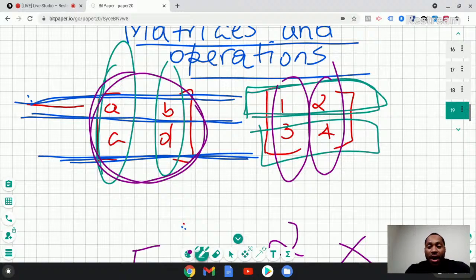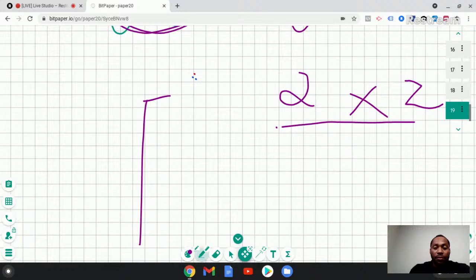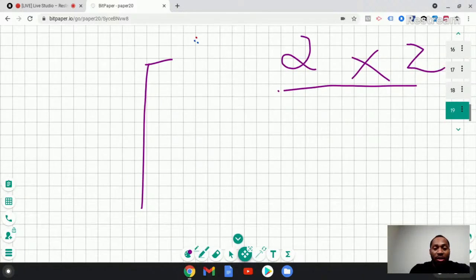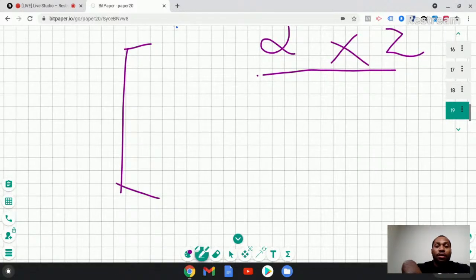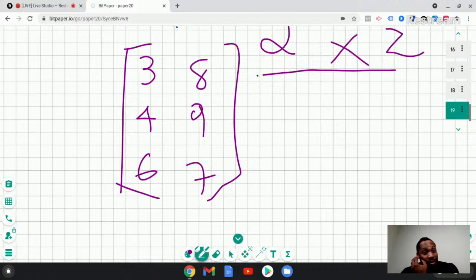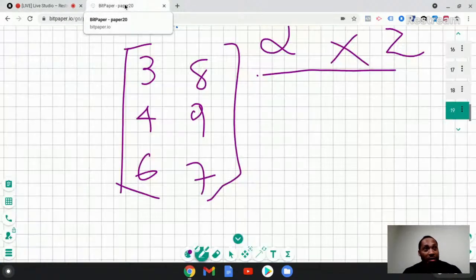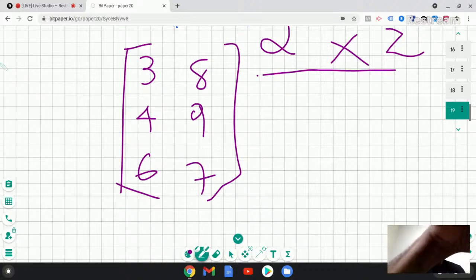Now if we have another matrix this way, let's say I have here 3, 4, 6, 8, 9, 7. If you want to know the dimension of this matrix, you ask how many rows do we have?